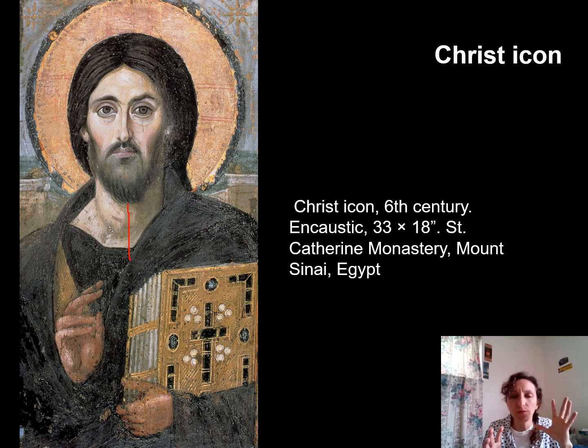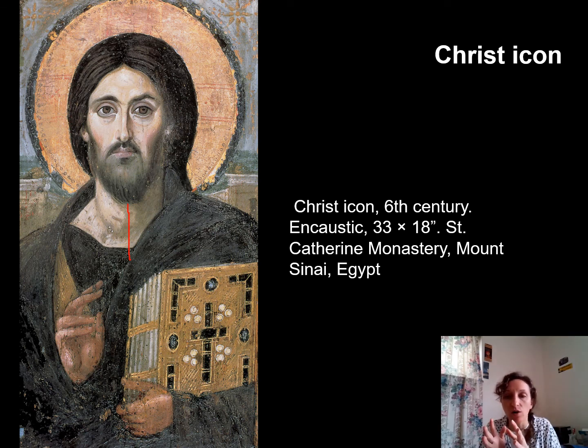So let's remember where these are placed. These objects are often placed over the bed of someone who is likely going to pass away, someone who needs healing, not like broken arm healing, like someone who is in the last moments of their life.